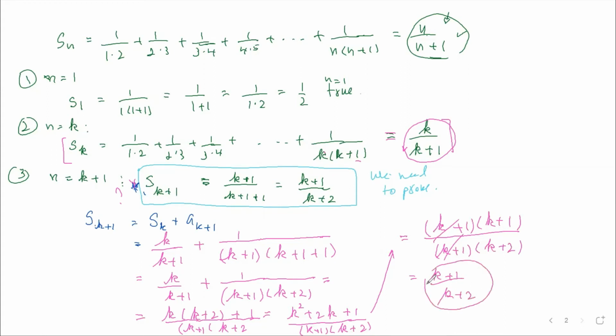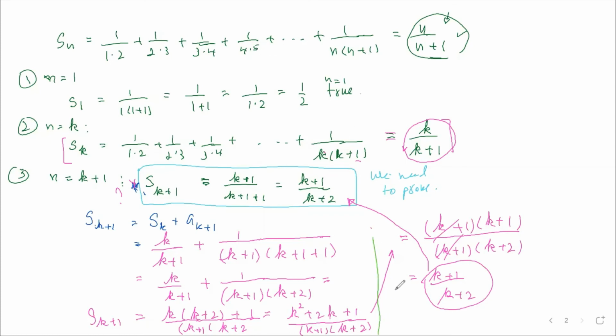So you see this is the same as this one, correct? And this side is what? This side is S sub k plus 1, right? So I can write it down here. So we got the answer. We proved it's true, so our hypothesis is correct.